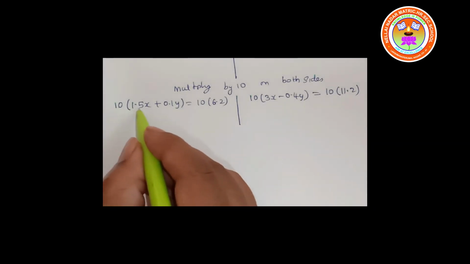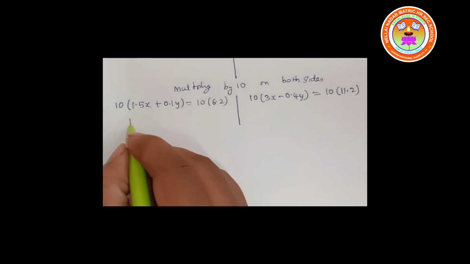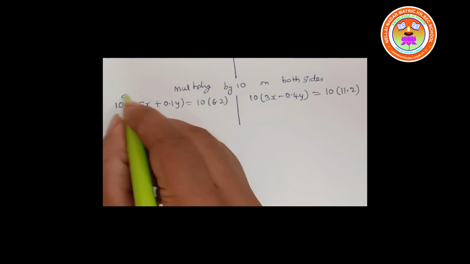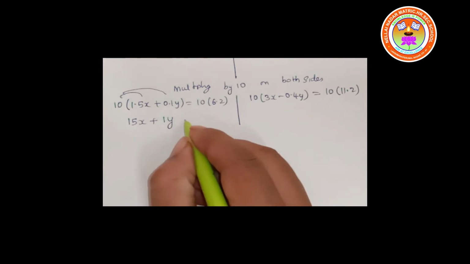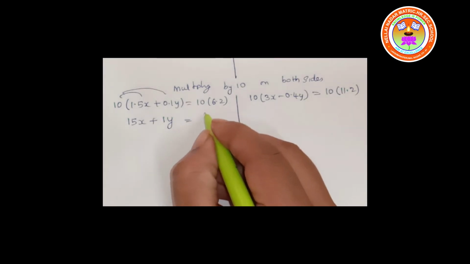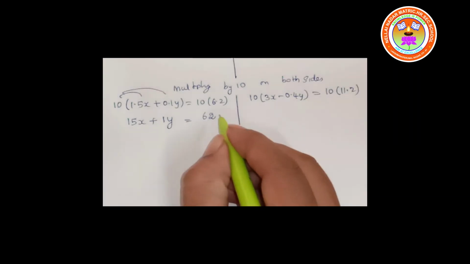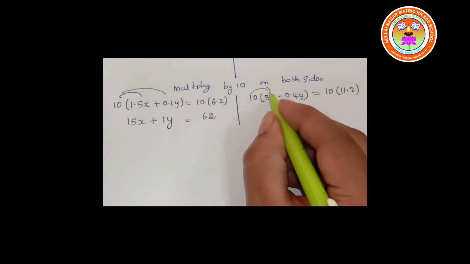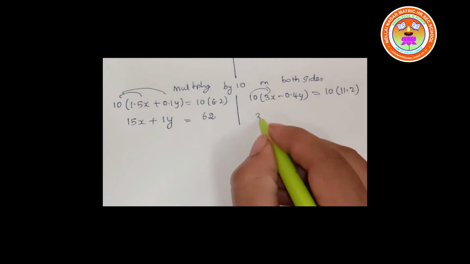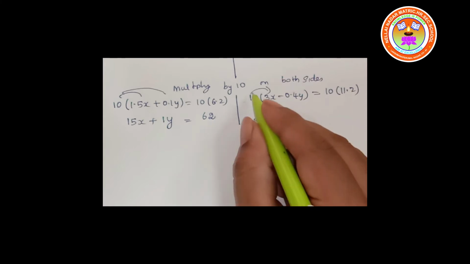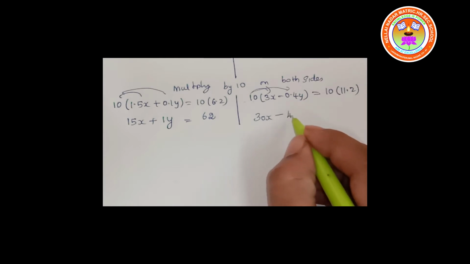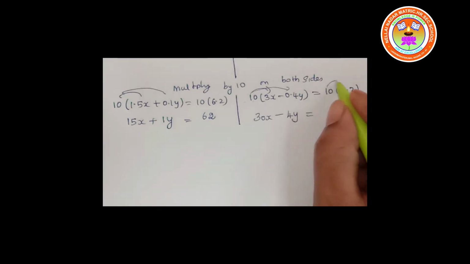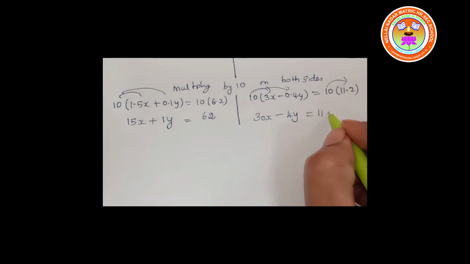Now 10 into 1.5, 15x you get. 10 into 0.1, that is 1y, equal to 10 into 6.2, that is 62. Same way 10 into 3, that is 30x, minus 10 into 0.4, that is 4y, equal to 10 into 11.2, that is 112.